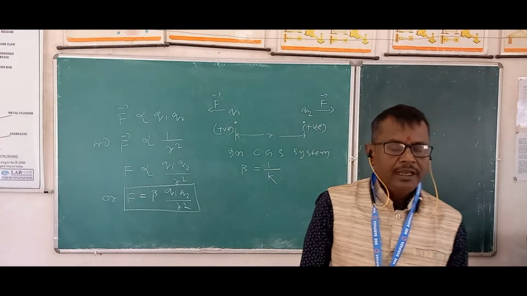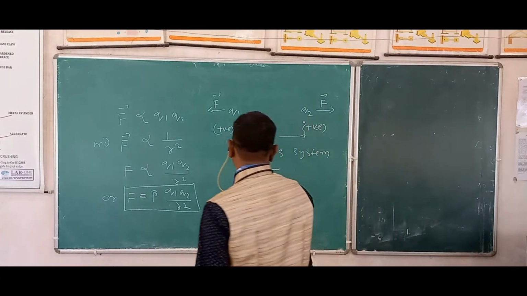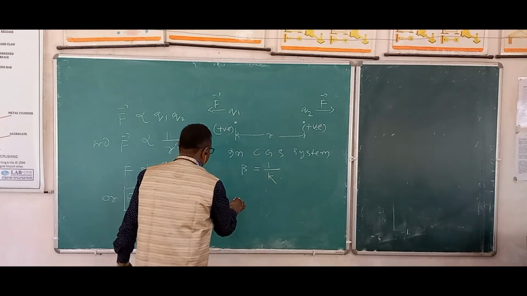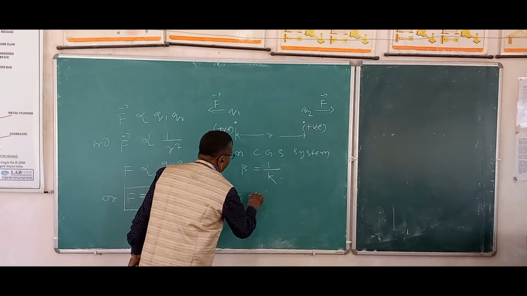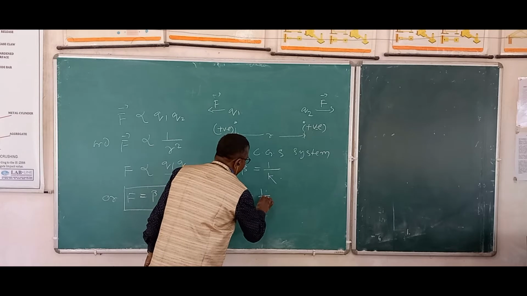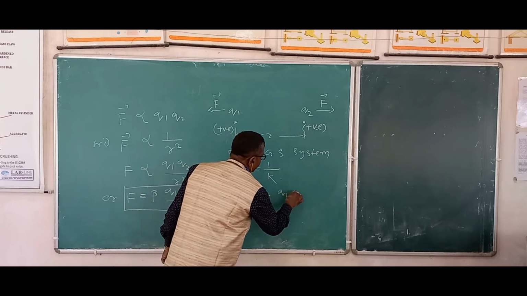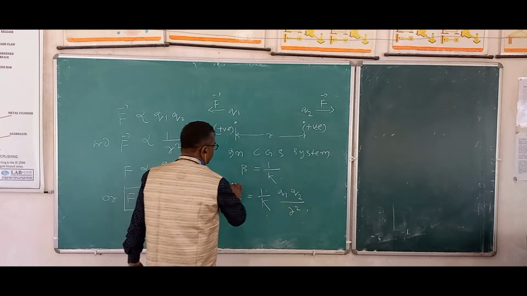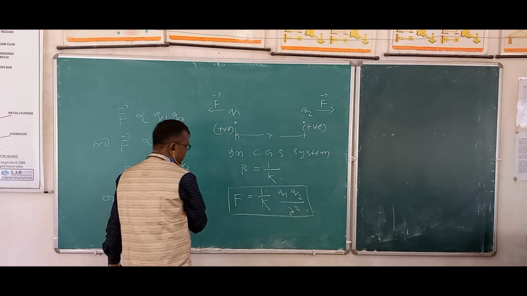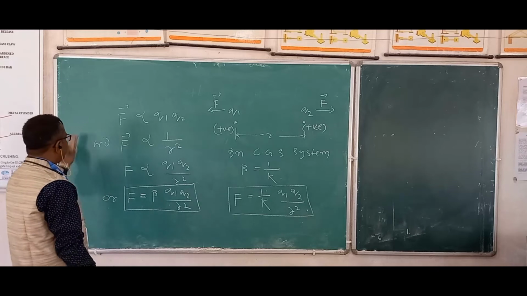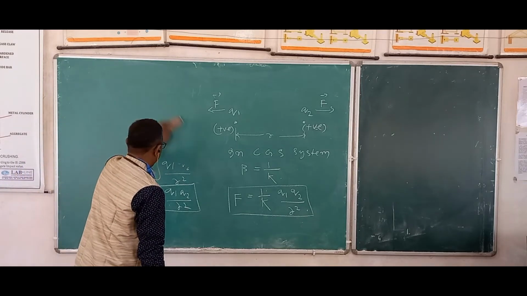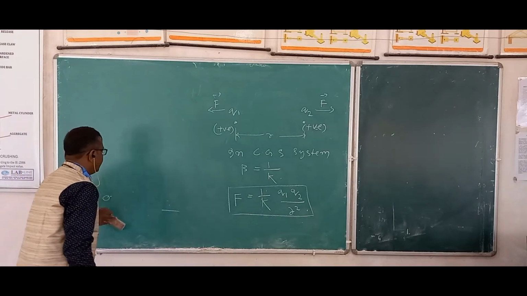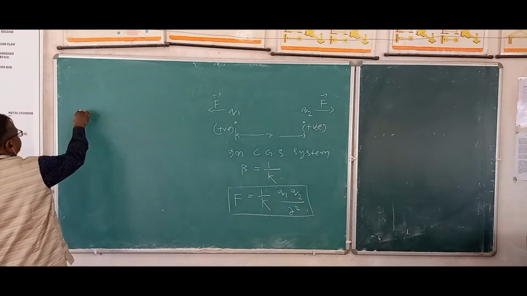Then F is equal to 1 by K Q1 Q2 by R square. K is the dielectric constant.